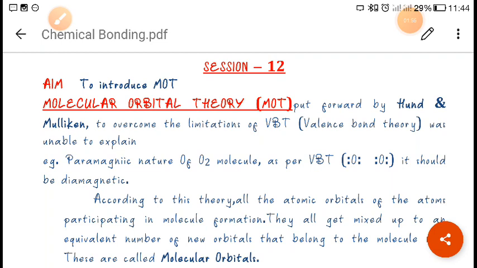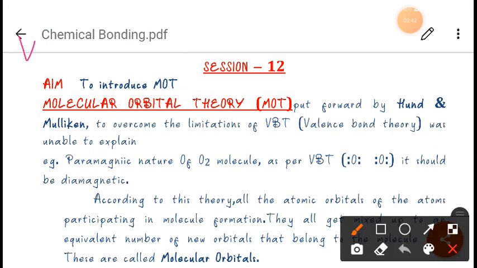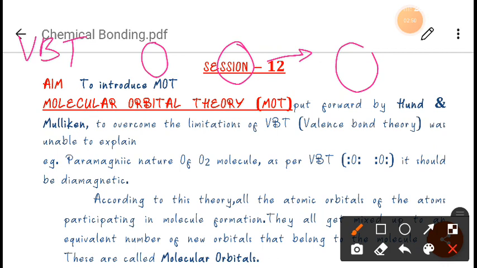First we will see the overview. According to the valence bond theory, suppose this is an s orbital and this is also an s orbital. These two will combine like this, and the electron density was here.